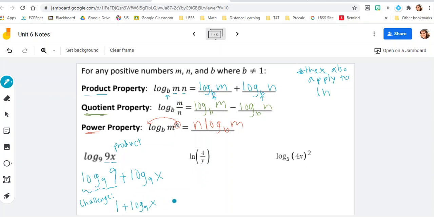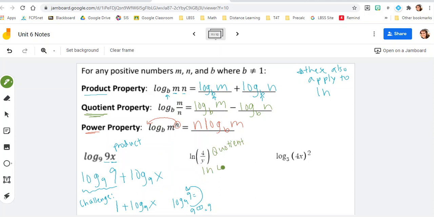If we think about log base 9 of 9, you could type it in your calculator or use the snail method to see that it's got to be 9 to the first power. But that's just a little side note. All right, back to some practice. Here I've got ln of 4 over y. I see that's a quotient, so we can use our quotient property and rewrite this.